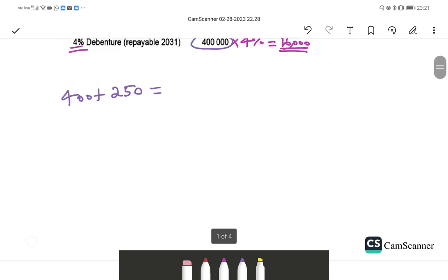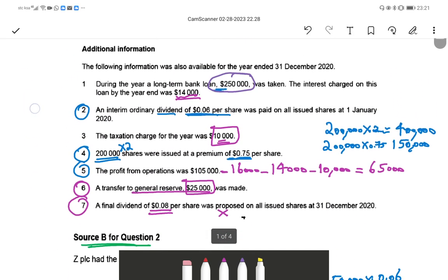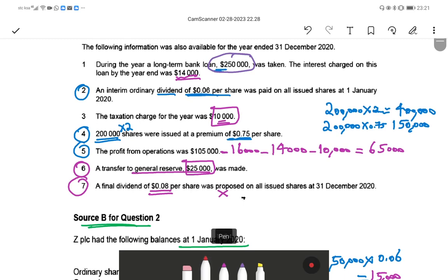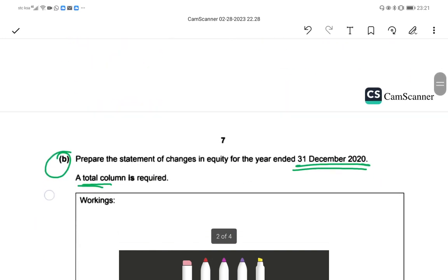How much is the profit from operation? The fifth one, profit from operation, 105,000.